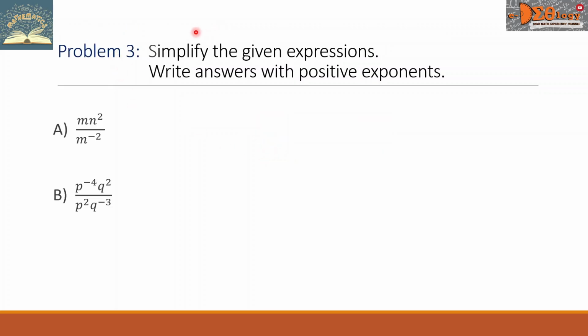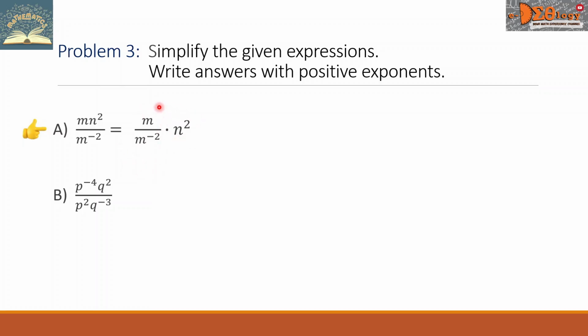Problem 3. Simplify the given expressions. Write answers with positive exponents. We have here two expressions. Let's begin with A. mn squared all over m raised to negative 2. In here we're going to group the variables. We put together the m and we put together the n. In this case, we can show it like this: m all over m raised to negative 2 times n squared.